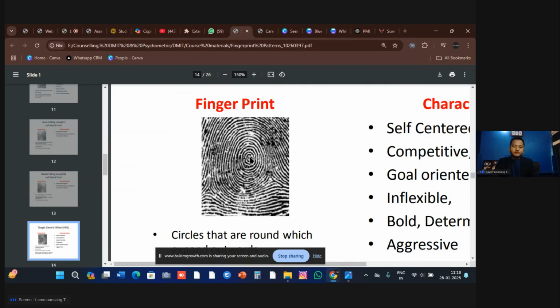There will be small circles. See the ridge, see the pattern. This is the center. This is the tri-radius. Every dominant personality will have two tri-radius and one center. So W1, W2, W3, W4, W7, W8, W9, W10, and W11 will have one center, two tri-radius. Remember that.